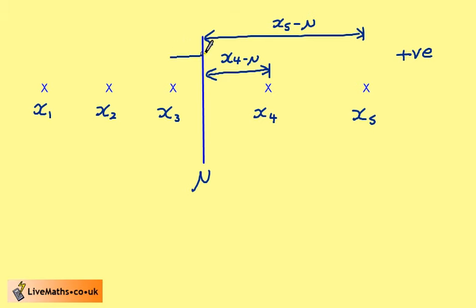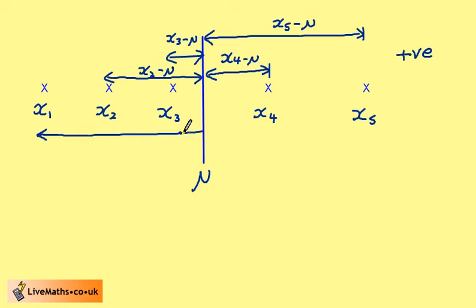Continuing with the other data points, this distance would be x3 minus mu. This would be x2 minus mu. This would be x1 minus mu.